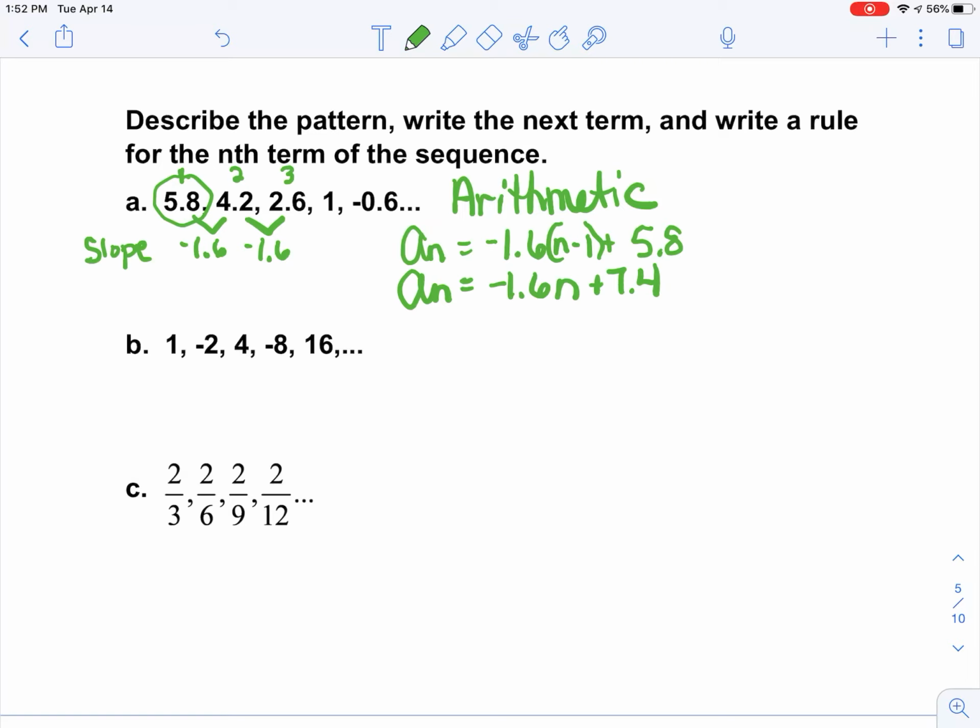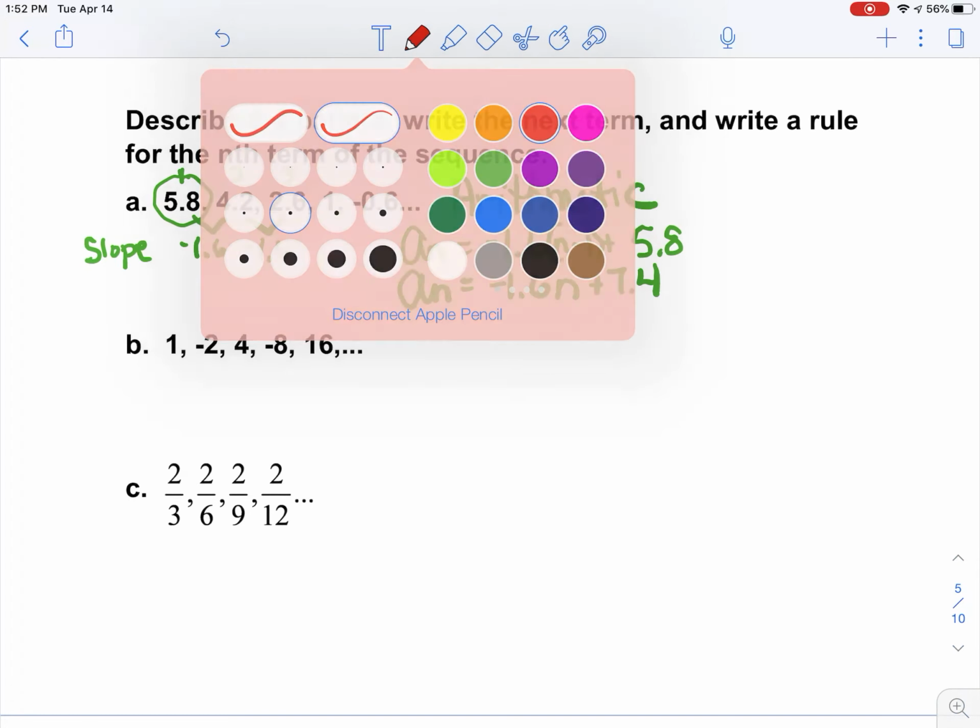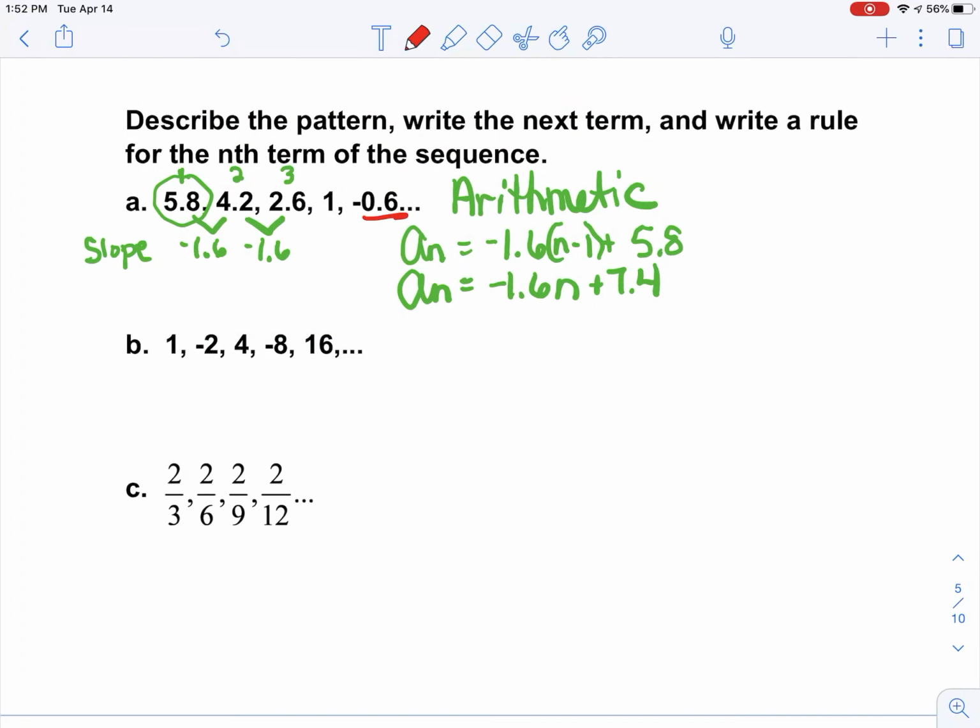There's our rule. If I want to find the 20th term, I can. So this is arithmetic. Any questions?